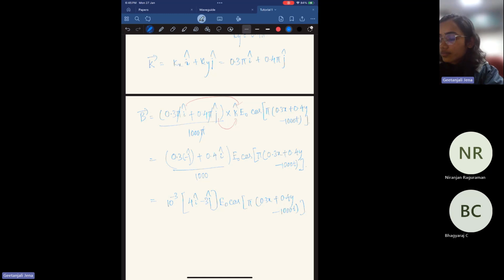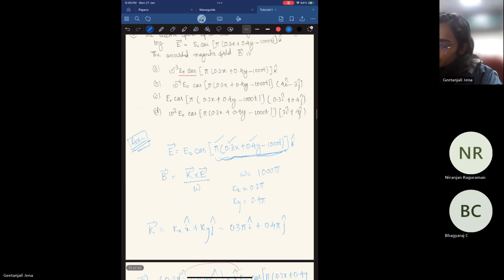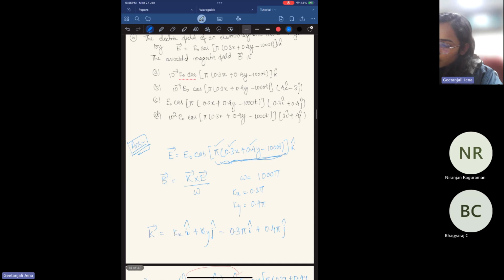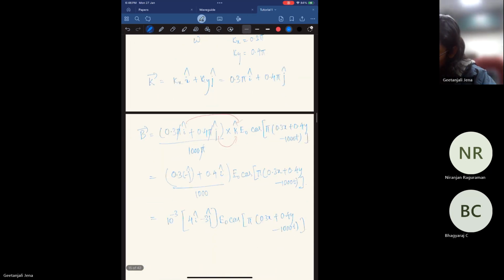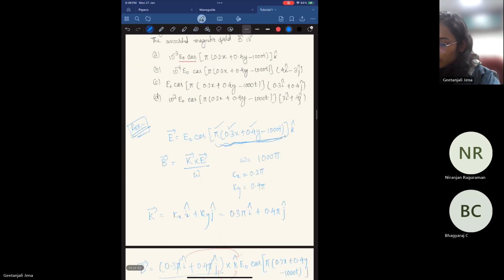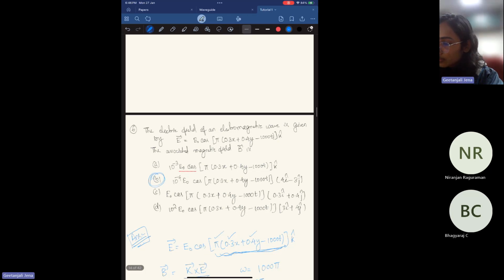So this is the answer. I think it is 10 to the minus 4, because it is 10 to the 3 and there is a point here. So answer will be B.